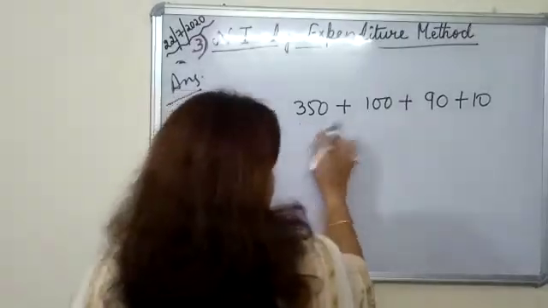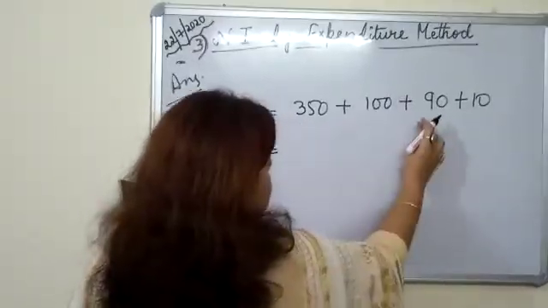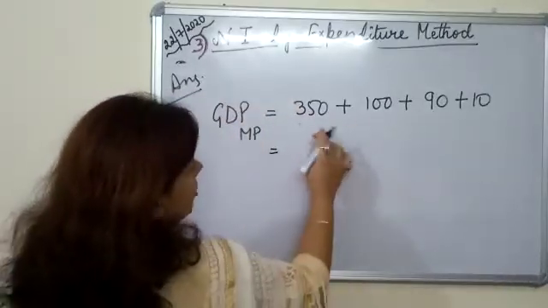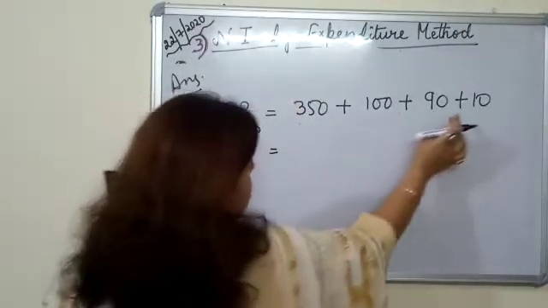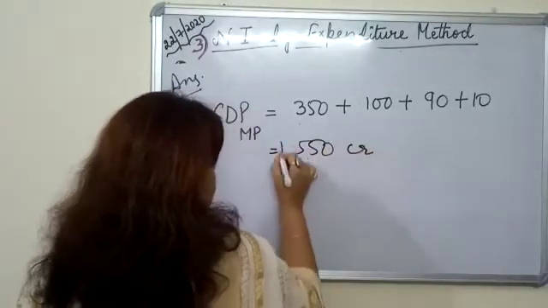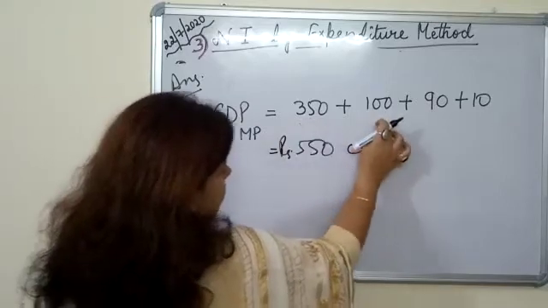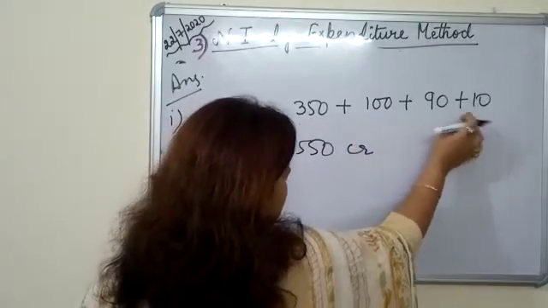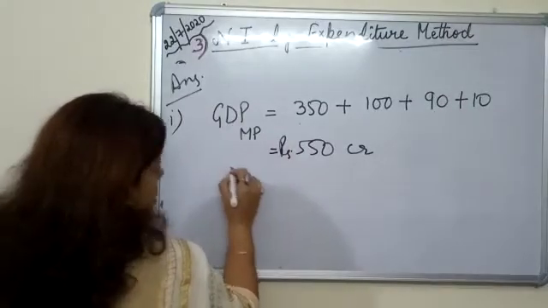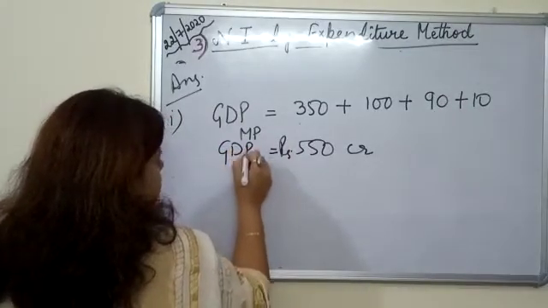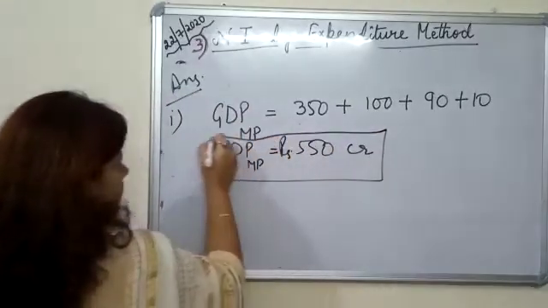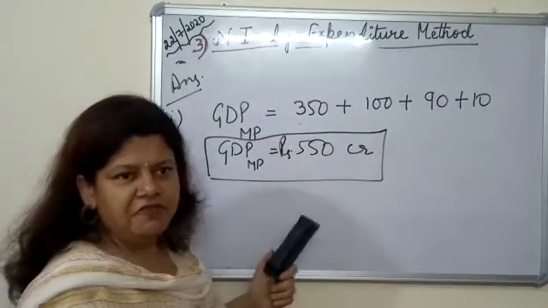So what is the answer? 450 plus 90 is 540, and 540 plus 10 is 550 crores. Clear? So what you have calculated is gross domestic product at market price is rupees 550 crores.